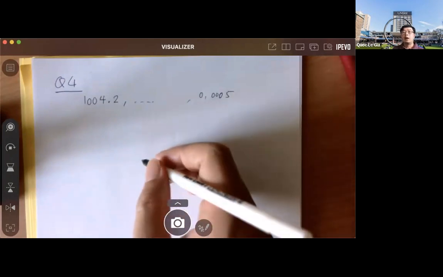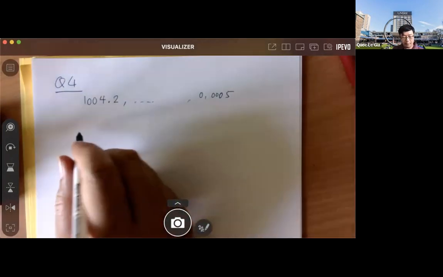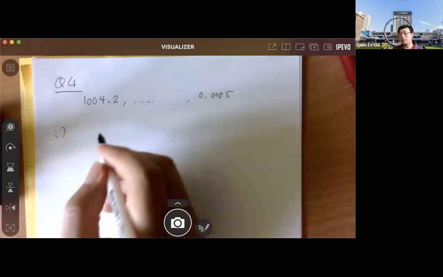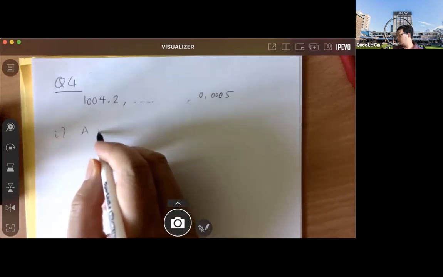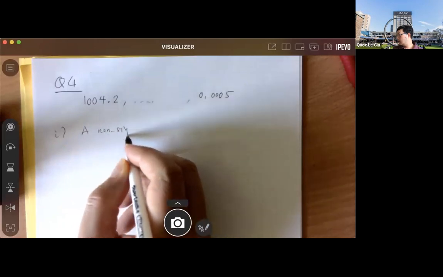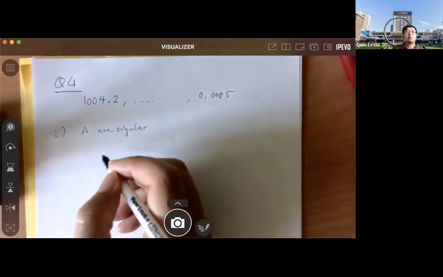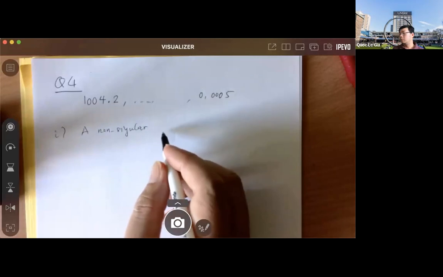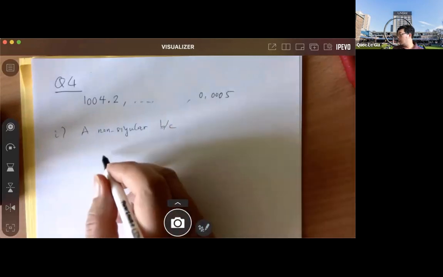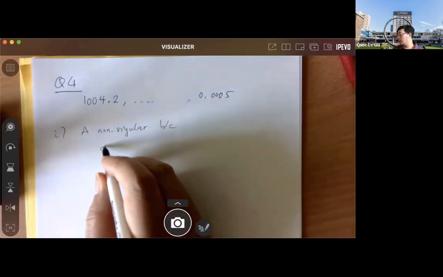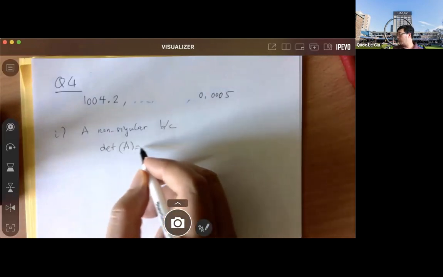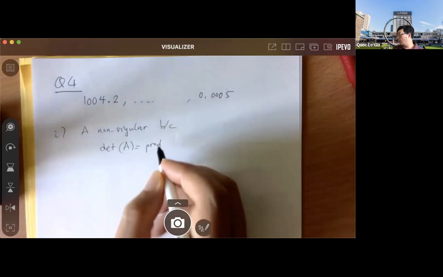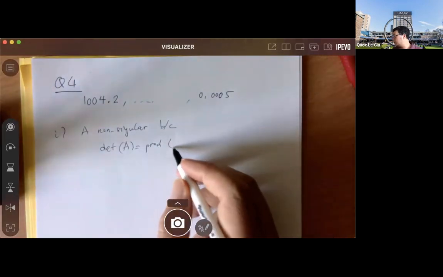Yeah. And now the first question asks why A is non-singular. Well, A is non-singular because the determinant of A is the product of all the eigenvalues.